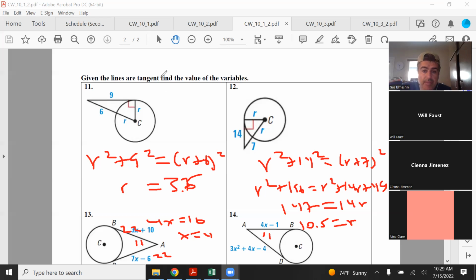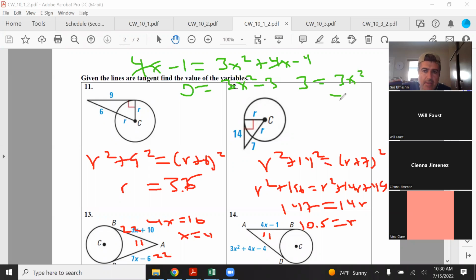For 14, set these equal to each other. Move everything over to one side. 4x was canceled, by the way. Actually, I put the 3 back to the other side.